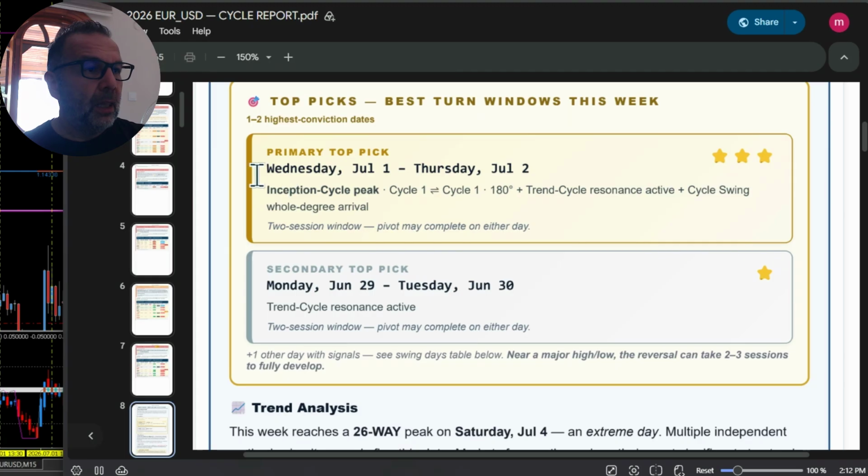So just look at the best days, and just trade on the best days or the day after when the market pulls back, which is what I did pretty much for euro dollar. Euro dollar had 2 days, as you can see, Wednesday and Thursday. I didn't do anything on Wednesday.